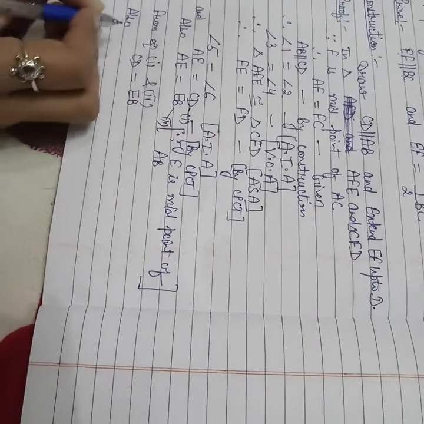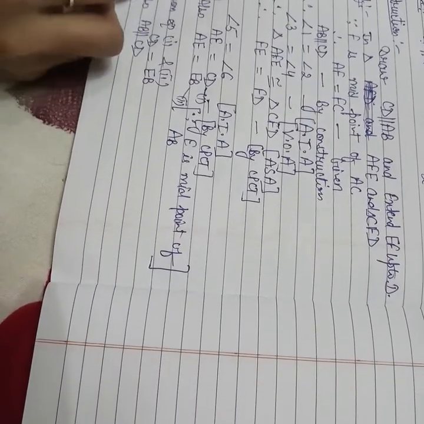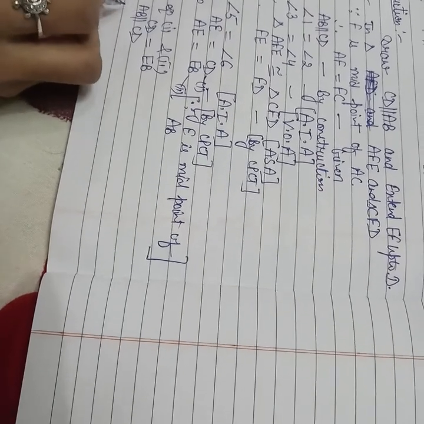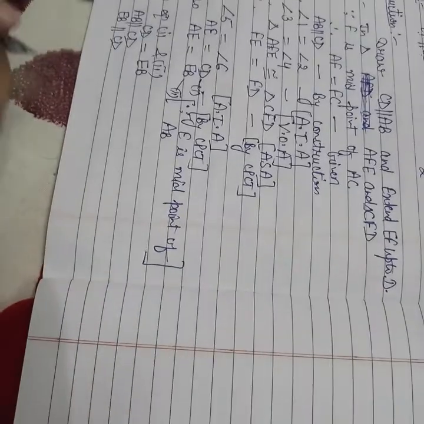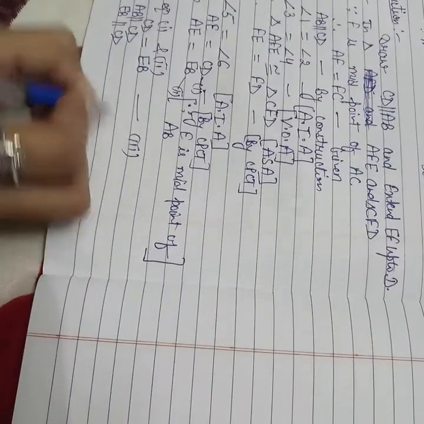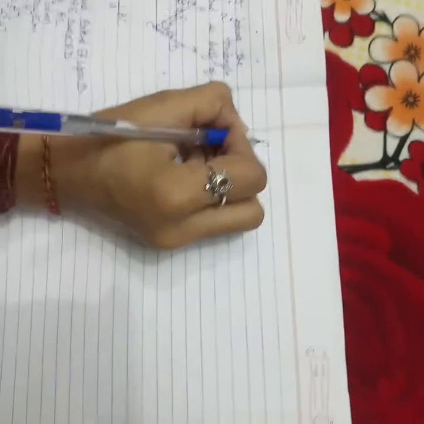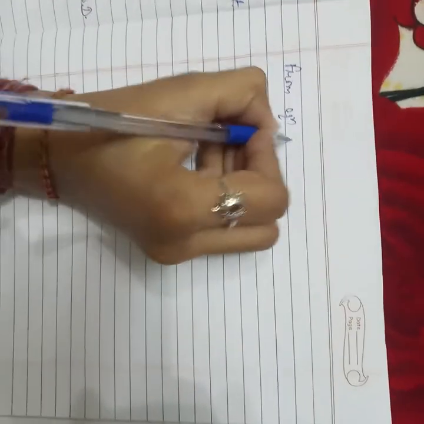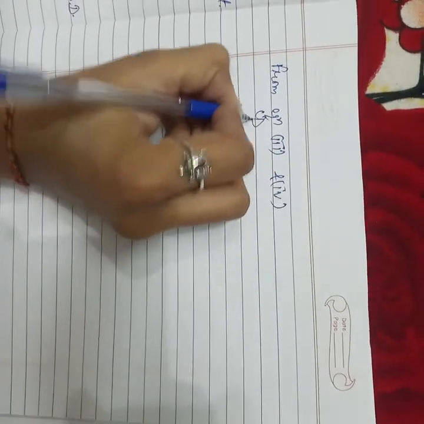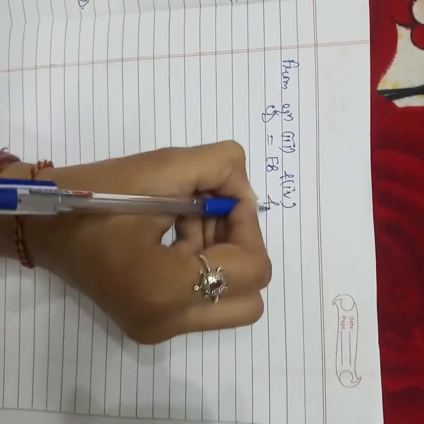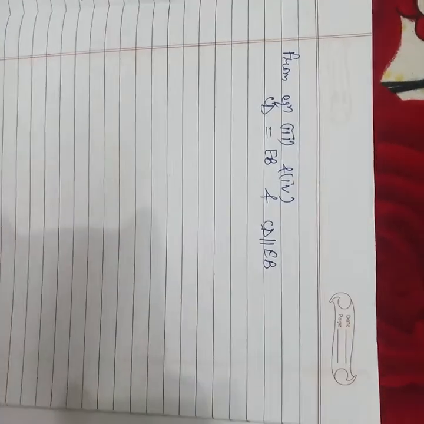Also AB is parallel to CD, which implies half of AB, that is EB, is also parallel to CD. Let this be equation third and this equation fourth. From equations third and fourth, CD equals EB and CD is parallel to EB.